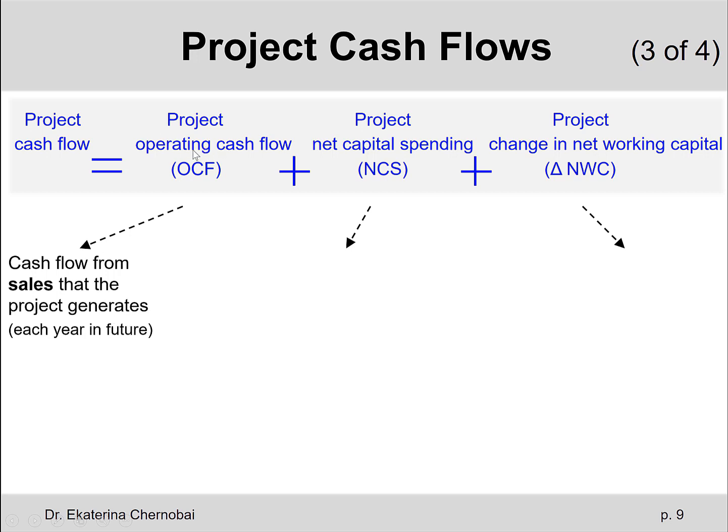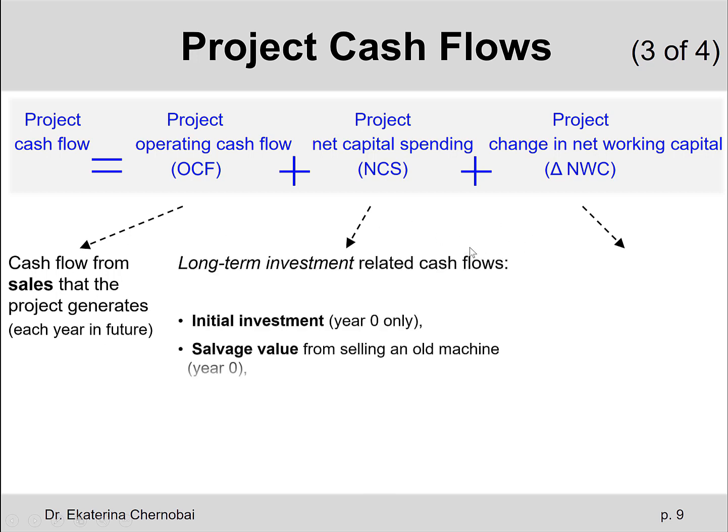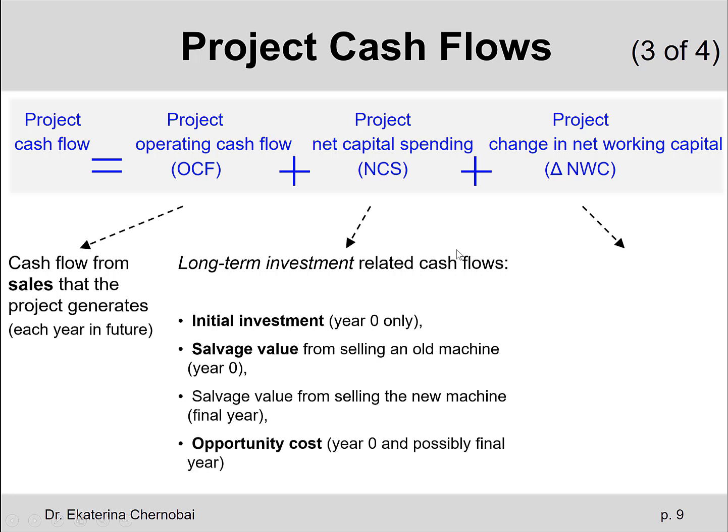So you may think that, isn't that what the project is all about? It's just calculating profits from whatever it is that we would be selling. Well, I would say yes, it is kind of the main thing, but there might be other things that the project would involve. So let's see what's the idea behind net capital spending. There are several different cash flows that belong in this category.